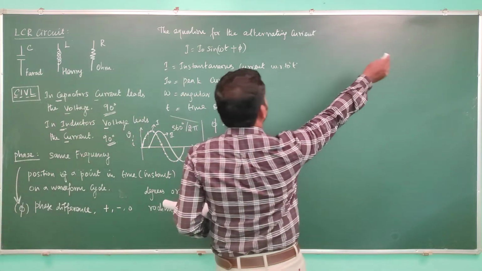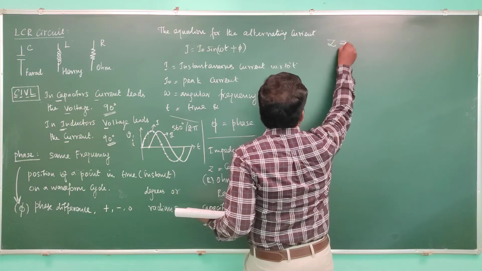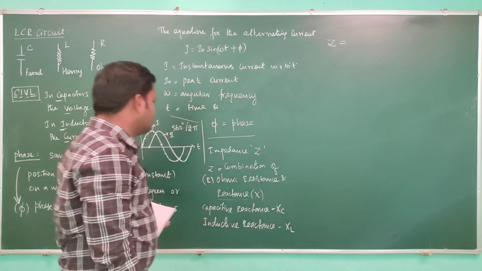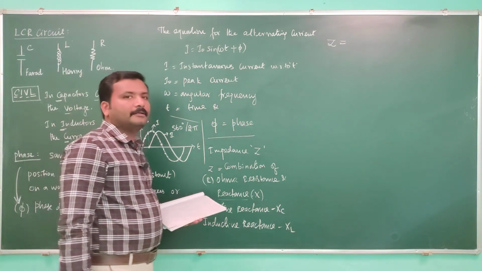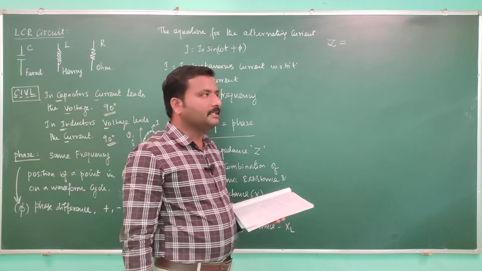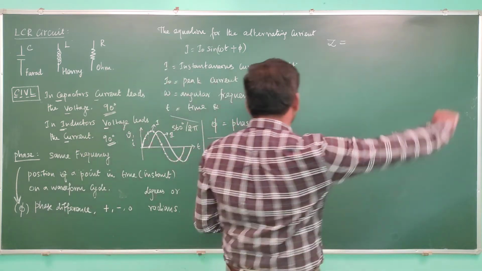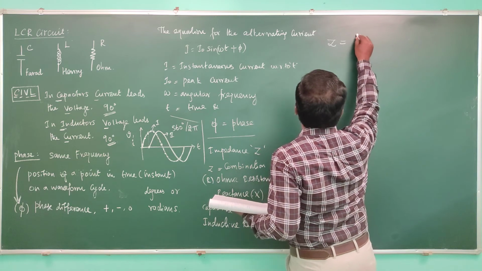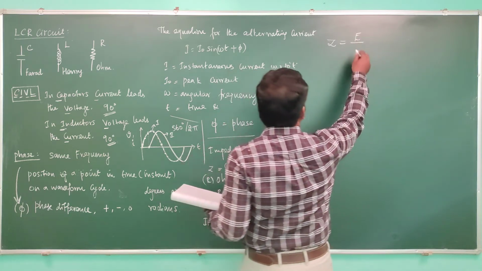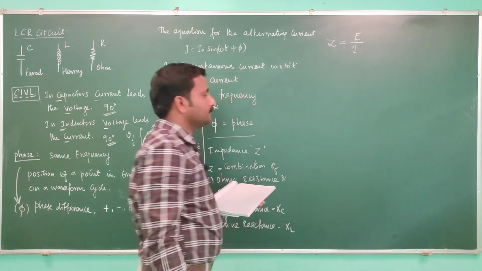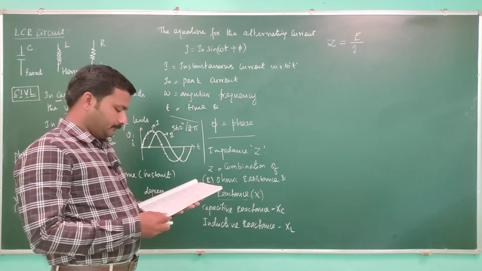So in sum, generally the term impedance is the ratio between the applied effective voltage E to the produced effective current I.